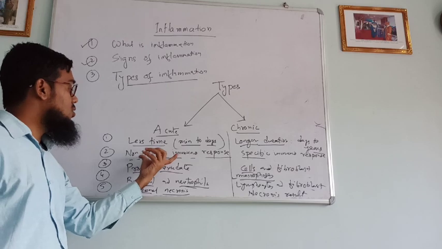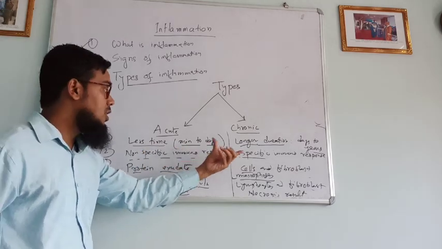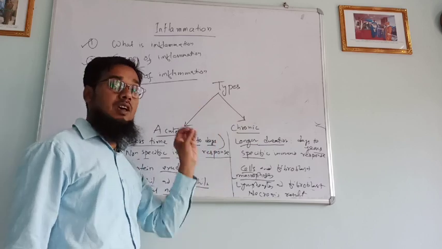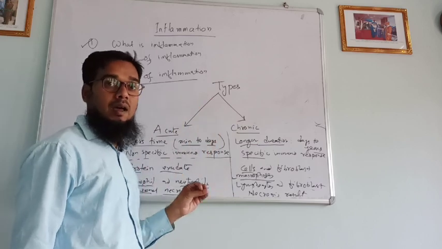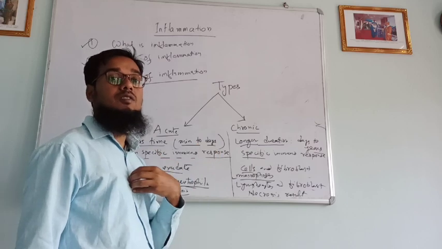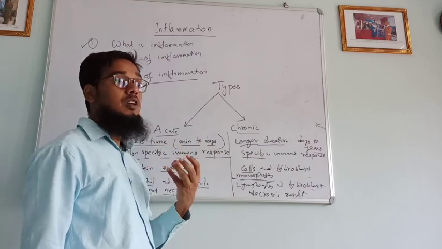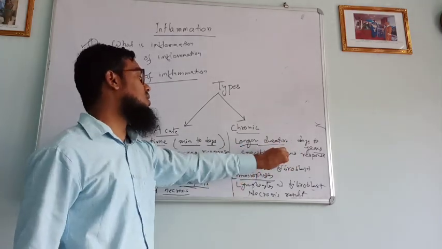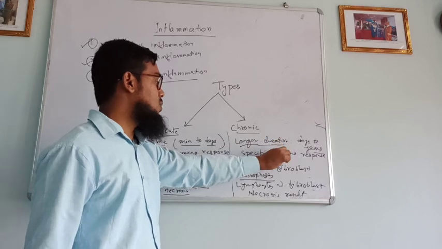Acute inflammation is a non-specific immune response, but chronic inflammation has some specific immune response, where some immunoglobulins are involved. For example, bronchitis, bronchial inflammation, is specific immunoglobulin E mediated.